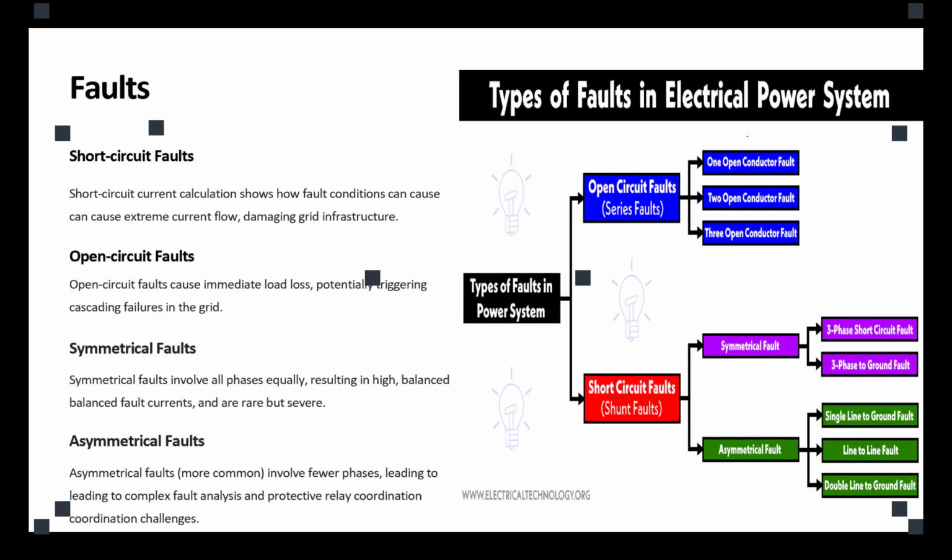So when we have an open circuit, it could happen in one phase, two phases, or three phases. So an open circuit fault could be a single phase fault, two phase fault, or three phase fault. That being said, open circuit happens very rarely compared to the short circuit. That's why the common understanding of a fault is short circuit, because most of the faults are short circuit.